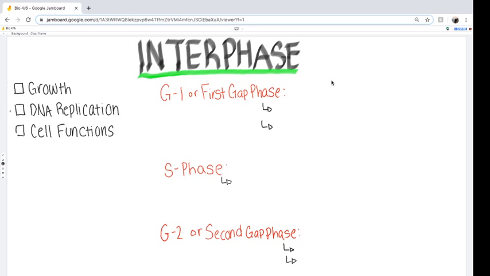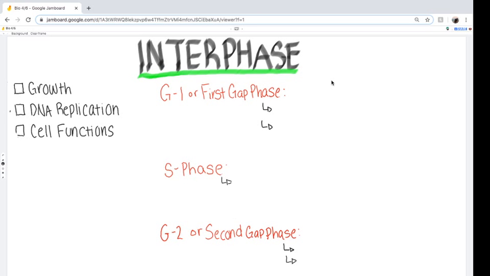Interphase is where cells grow, have their DNA replicated, and develop cell functions. It is important for cells to check all three of these boxes in order to move on to the next step, the M phase.